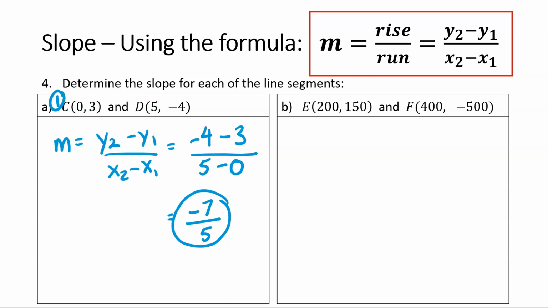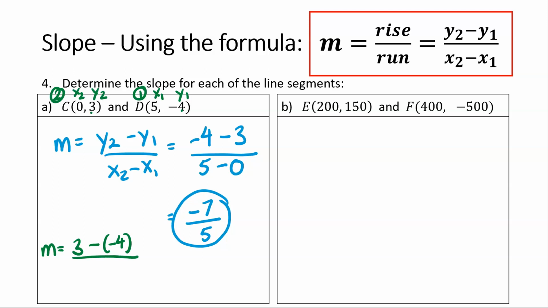Now, if you wanted to, you could have made D your first point and C your second point. And then 0 would be x2, 3 would be y2, 5 would be x1, and 4 would be your y1. And we should still get the same result. So slope equals y2, which now is 3, minus y1, which is negative 4.